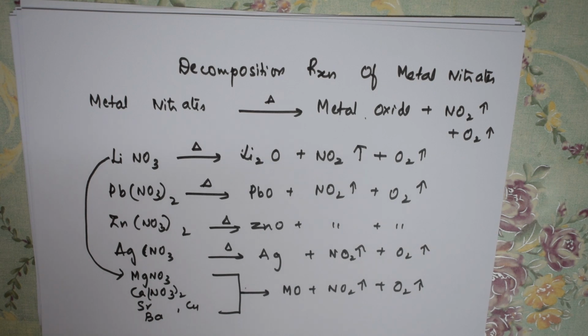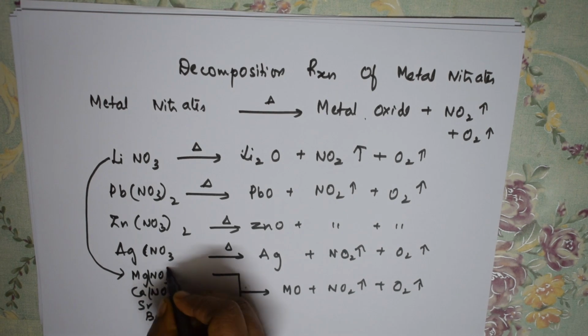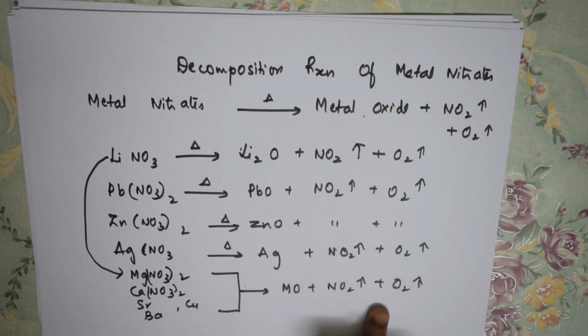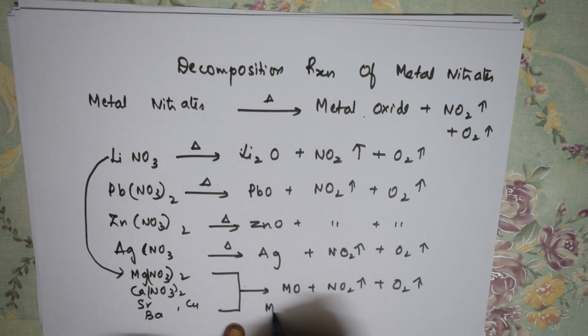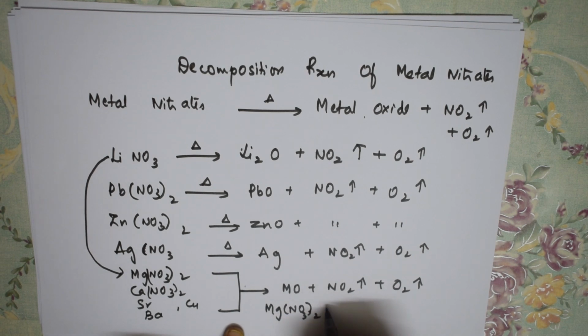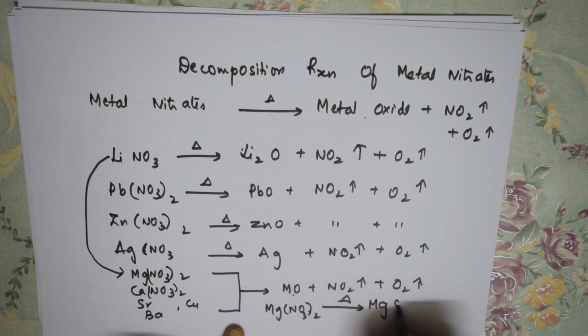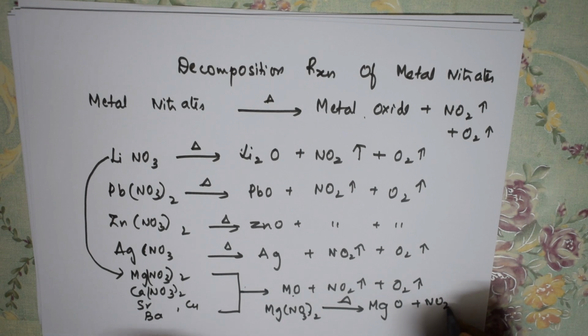If you remember one important thing, it's easy for you to answer. So magnesium nitrate, valency 2, on heating forms magnesium oxide plus NO2 plus oxygen.